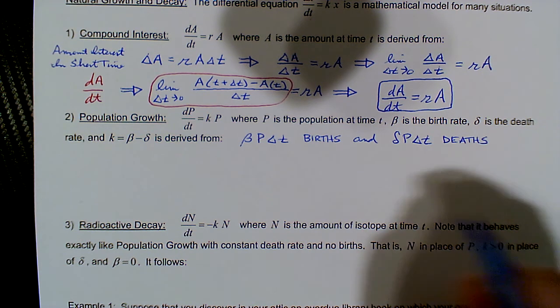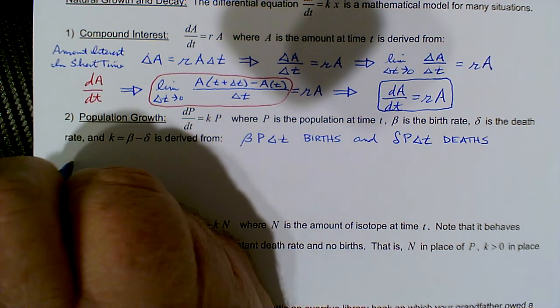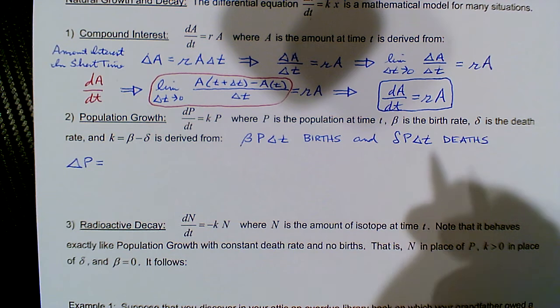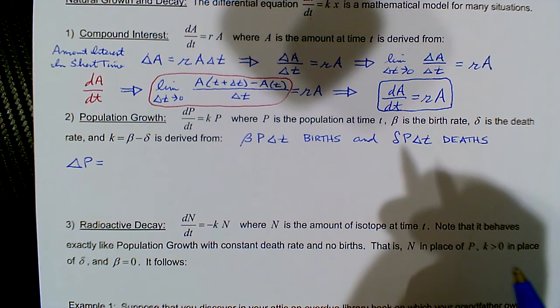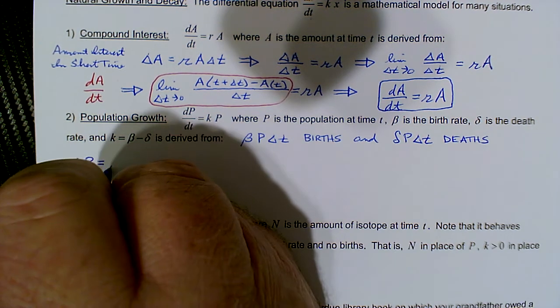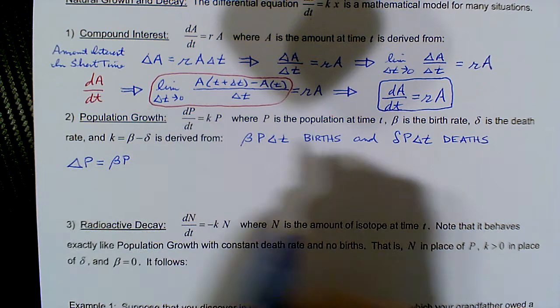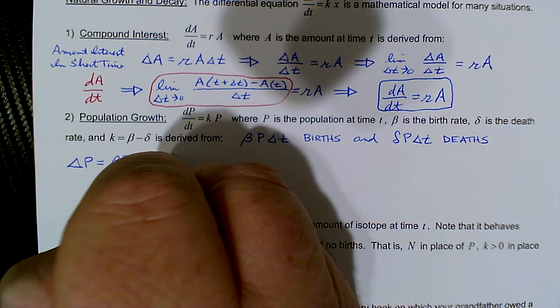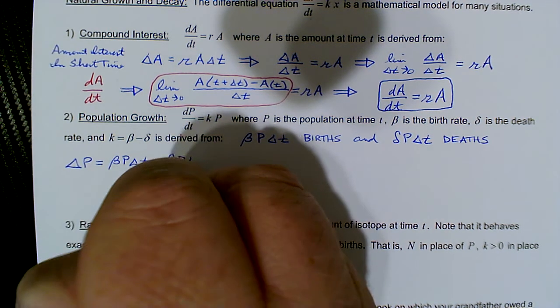And so the change in the population in that short interval of time is going to be the births minus the deaths.